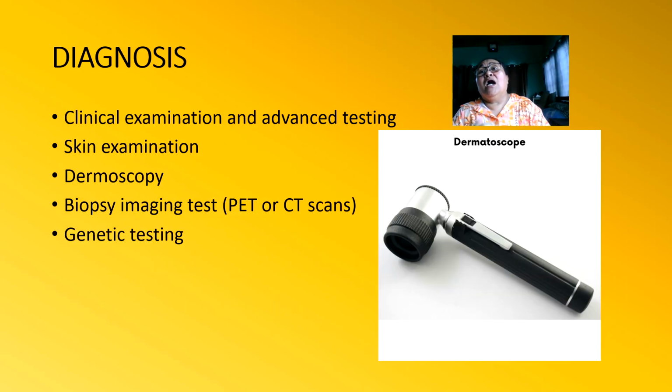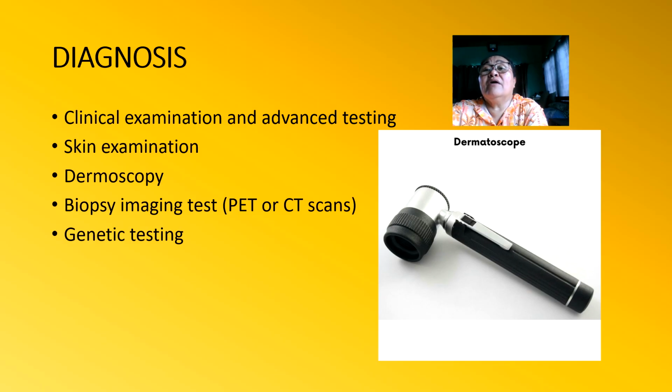Okay, so how is melanoma diagnosed? Melanoma is diagnosed through a combination of clinical examinations, biopsy, imaging studies, and genetic testing. Early and accurate diagnosis is essential for timely treatment and improved outcomes.